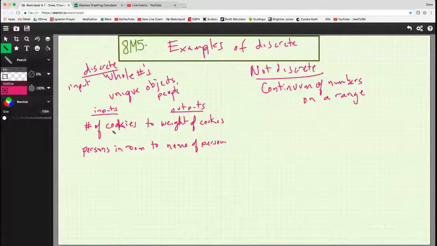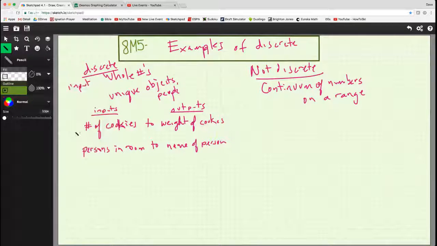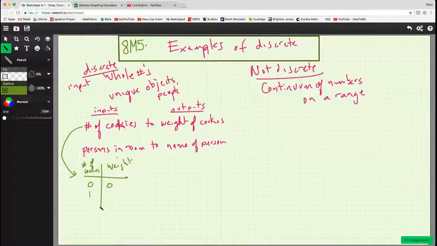So let's just look at these two examples real quick. The number of cookies to the weight of cookies would look like this. We'd say, well, 0 cookies have 0 weight. When one cookie, let's say one cookie weighs 3 ounces.